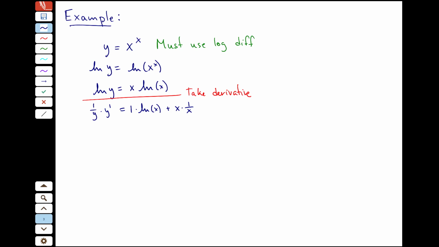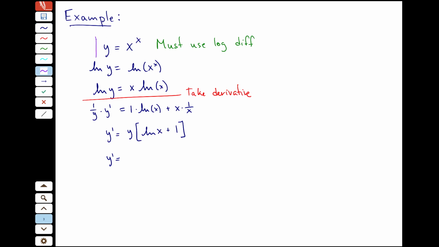In my next step, I solve for y prime by multiplying both sides of my equation by y. And while I'm at it, I'm going to simplify the derivative that I just took. So I get the natural log of x plus, both of those x's cancel out, so I get the natural log of x plus 1. And now the last thing that I want to do is rewrite this just in terms of x.